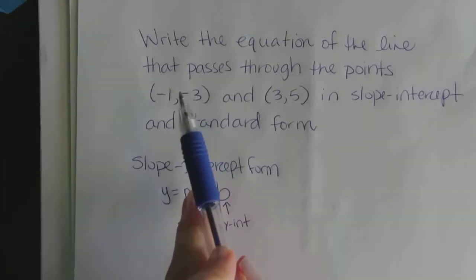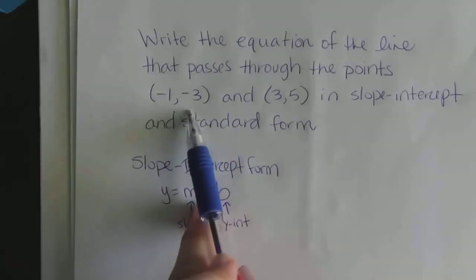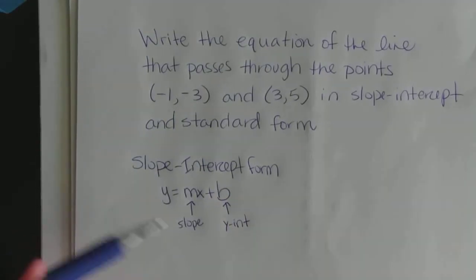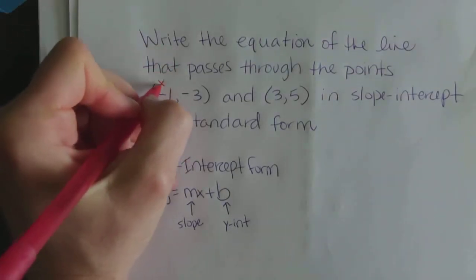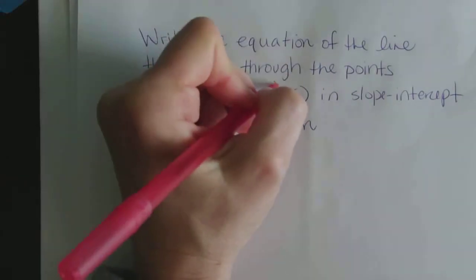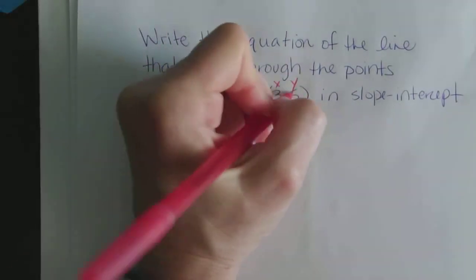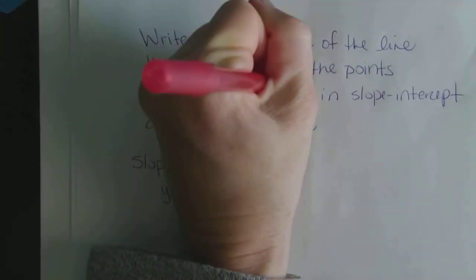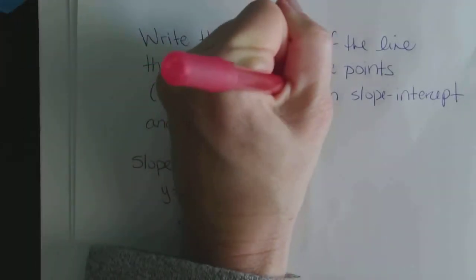Now, you may remember when you're given 2 points on the line, you have to calculate slope by hand. So labeling this guy as my x and my y, and this guy over here as an x and a y, I know that this is my first set and this is my second set.